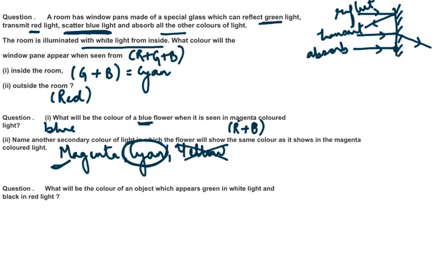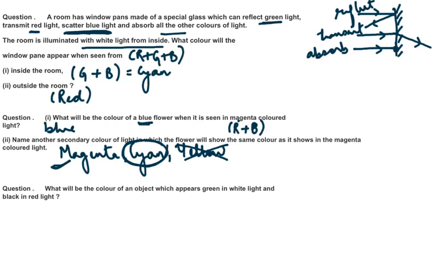Let's look at the last question. What will be the color of an object which appears green in white light and black in red light? Okay, always remember, in white light all the objects show their true color. Why this is happening is because in white light all the three primary lights are present, red, green, blue. So whatever be the color of the object, it will reflect the same light and show its true color.